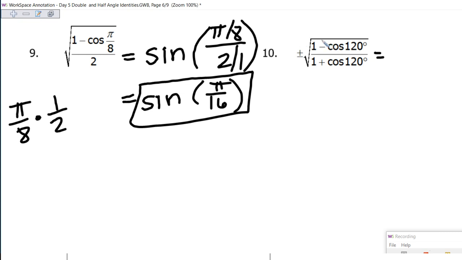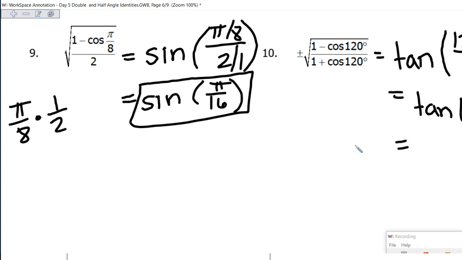So this is tangent of a over 2. Instead of a, they're using 120 degrees over 2. And what's 120 degrees divided by 2? This would be the tangent of 60 degrees, and 60 degrees terminates in which quadrant? 1, so would my answer be positive or negative? Positive.